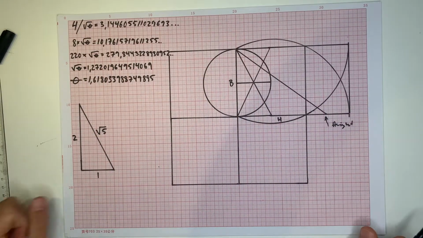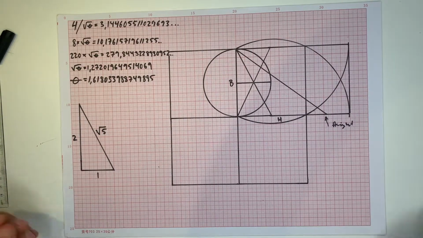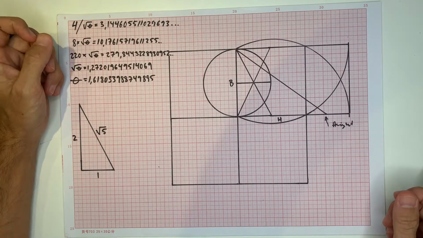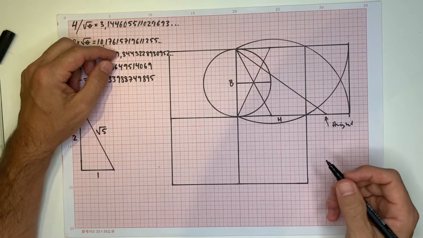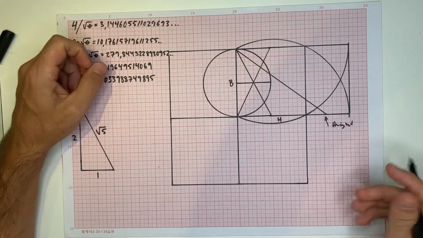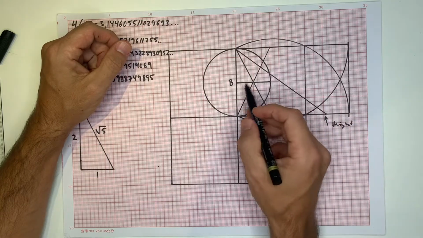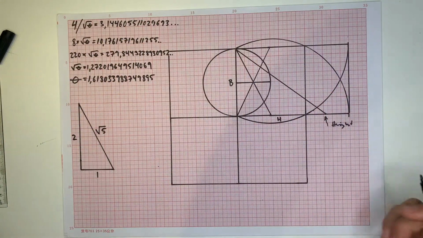Now, how do we get at the proportions of the Great Pyramid? We know that the height of the Great Pyramid is 280 cubits and the circumference of the base is 1,760. What I'm doing in this drawing is of course completely numberless.